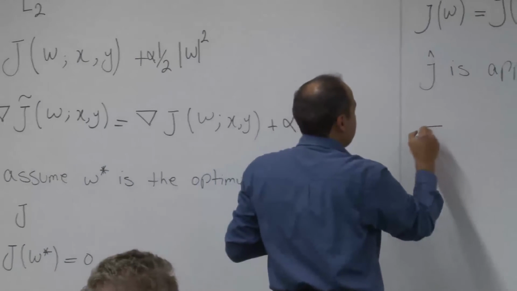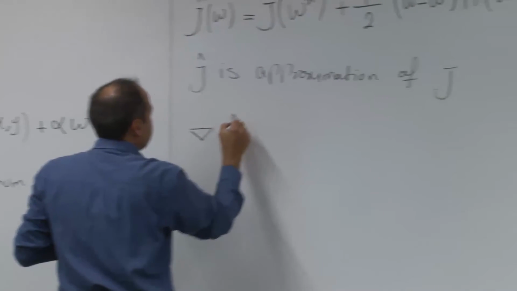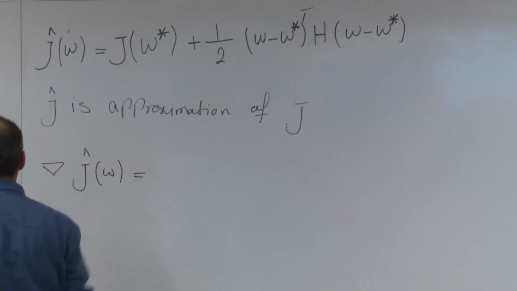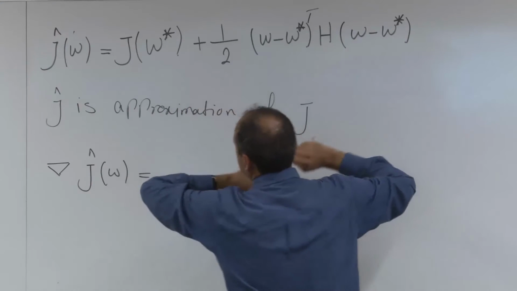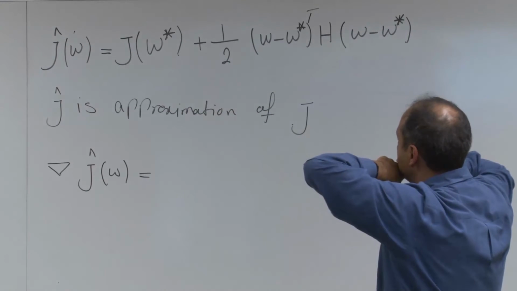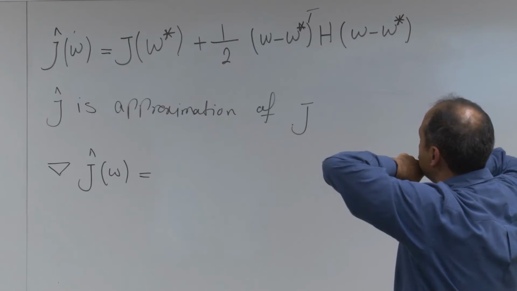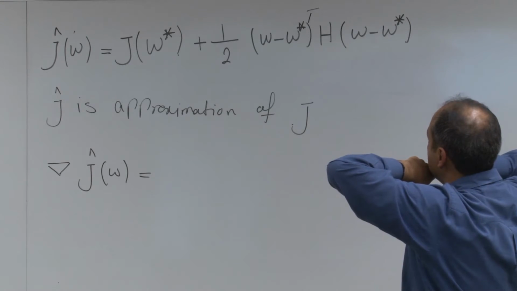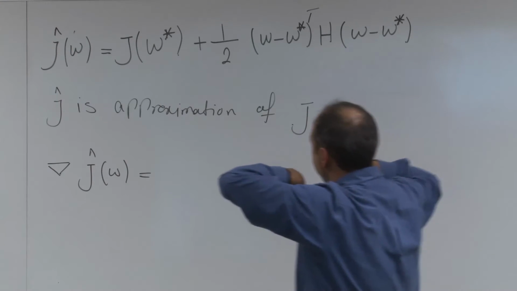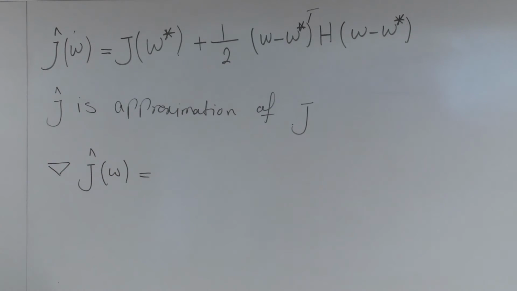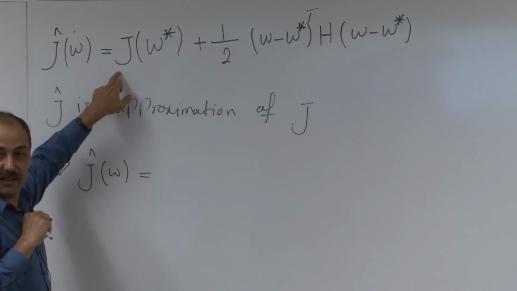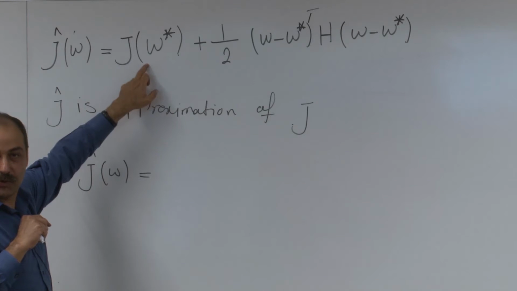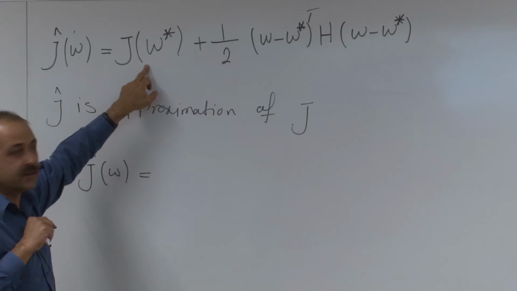So what is the derivative of J hat? I have the derivative of J at point W star, which is 0.